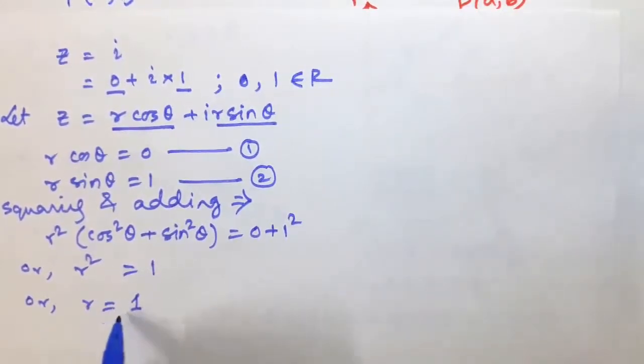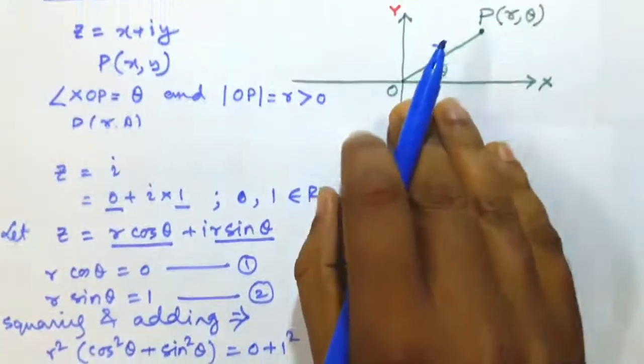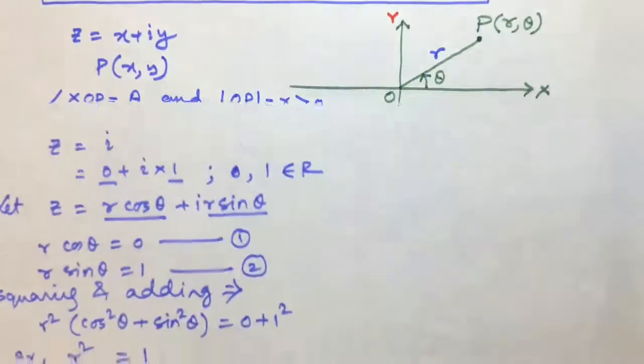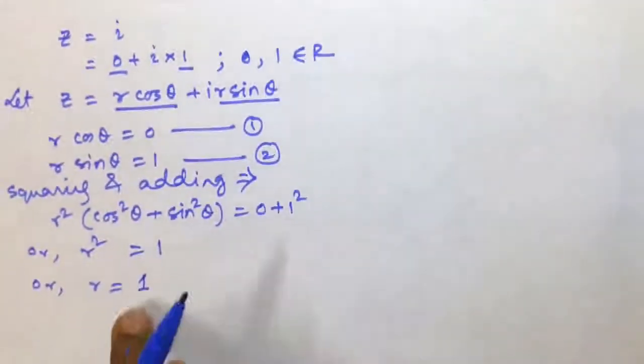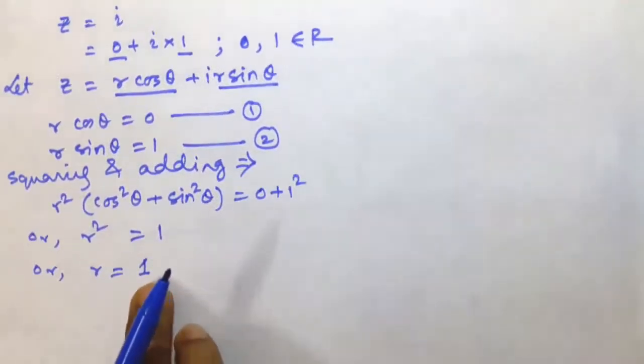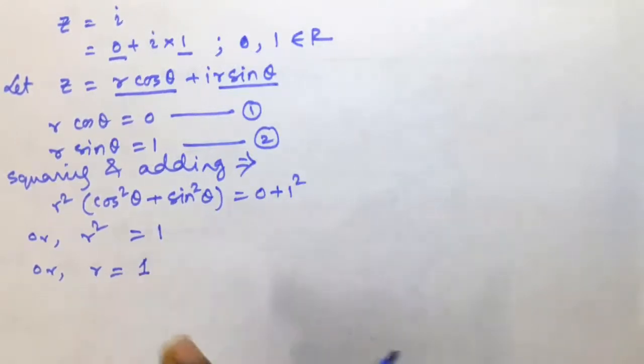Don't put r is equal to plus minus 1, because any distance is always positive. The distance is always positive. So we can't put r is equal to minus 1, and modulus z is always 1, because this is a positive number.